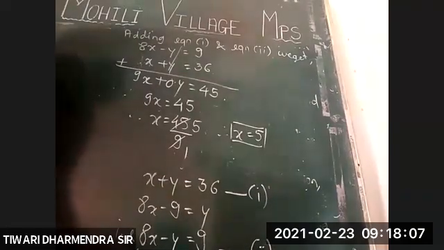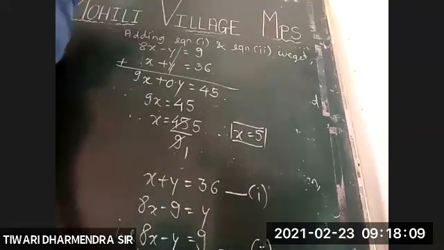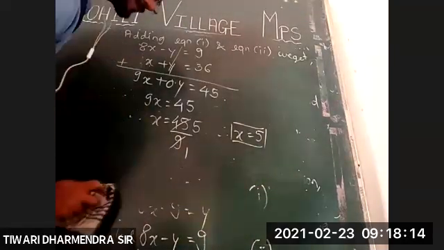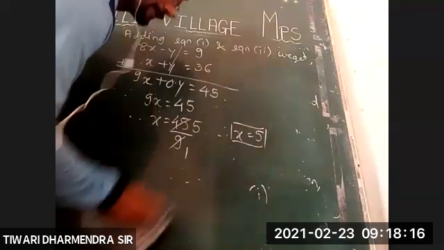Now what will we do? We will substitute this value of x as 5 in any of the equations. We will be substituting it in the second equation.